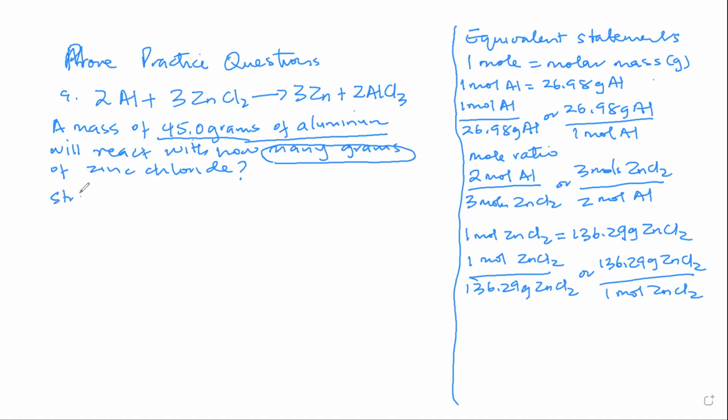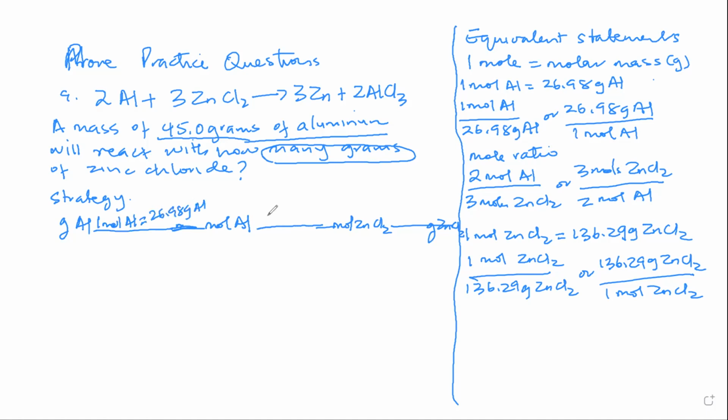Okay, so now what is the strategy? The strategy is going from grams of aluminum to moles of aluminum, to moles of zinc chloride, to grams of zinc chloride. So this will be 1 mole of aluminum equal to 26.98 grams of aluminum. This one will be the mole ratio from mole to mole.